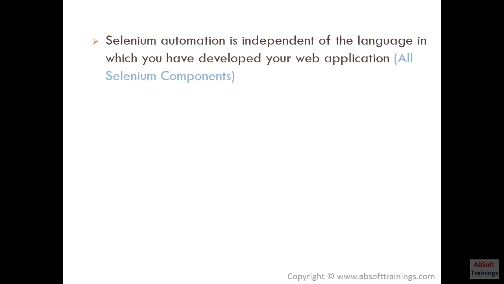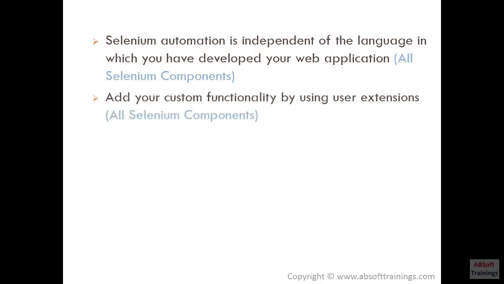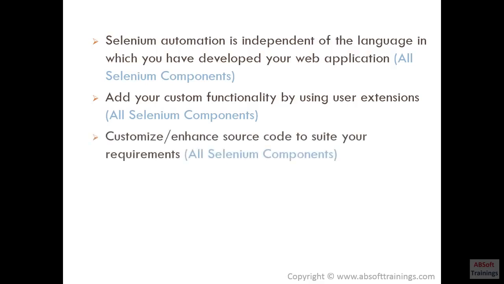It works absolutely fine. You can add your custom functionality to Selenium by using user extensions. You can get the Selenium source code as it's open source and customize or enhance it as required to suit your requirements.